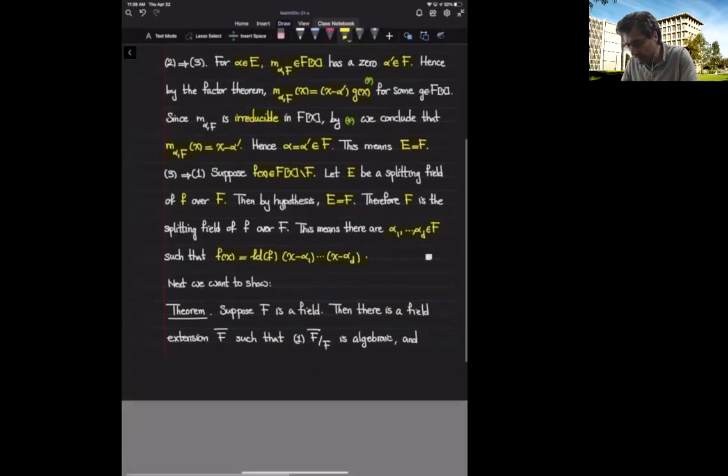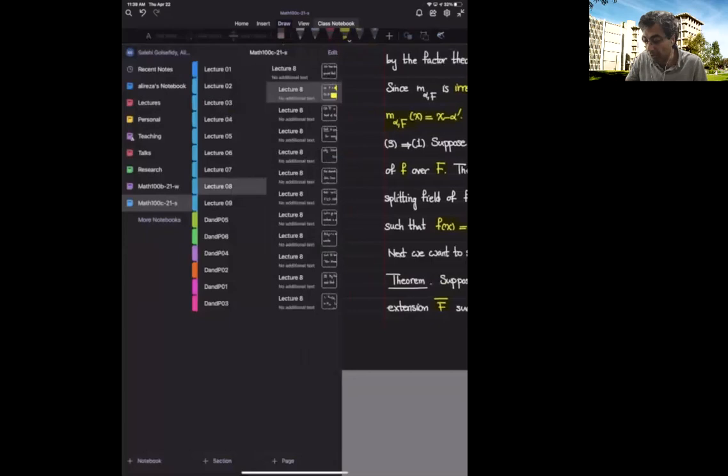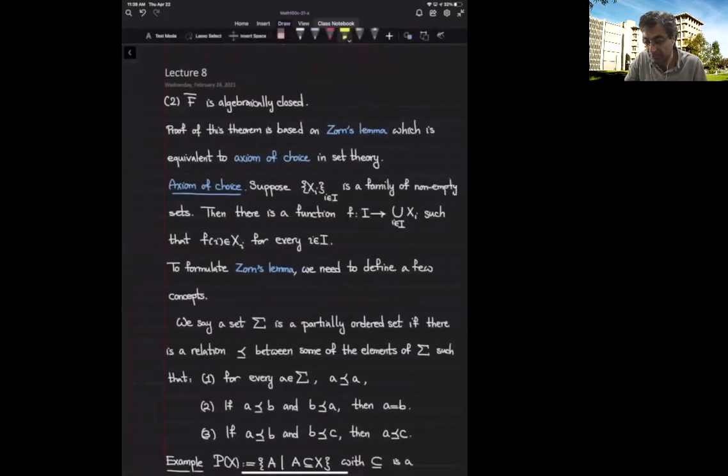Okay, so now we get to the main theorem that we want to prove in today's lecture and the next lecture. So what is it? It says that for every field that I give you, there is an algebraic extension that I'm going to denote by F bar. So F bar over F is an algebraic extension. And at the same time, F bar is algebraically closed.